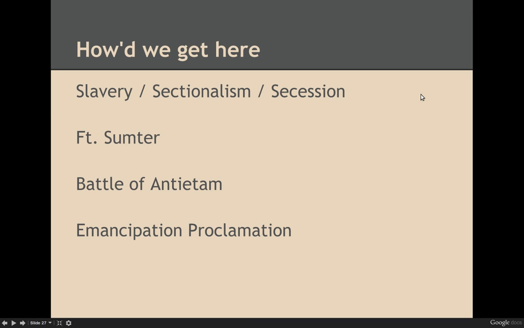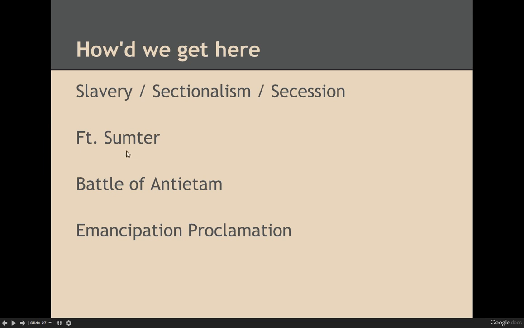And you have to think, first there was slavery in the southern U.S., and then the southern U.S. grew into a sectional identity where people cared more about the South than about the country, and people cared more about the North than the rest of the country, which led eventually to secession upon the election of Abraham Lincoln, which is when the southern states drew off and tried to form their own country.